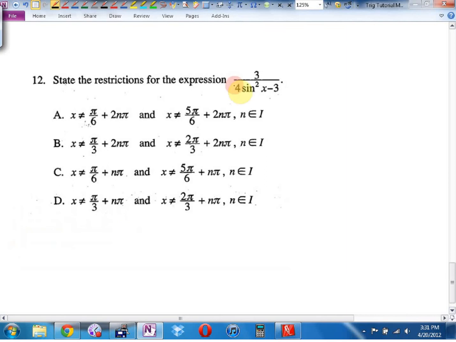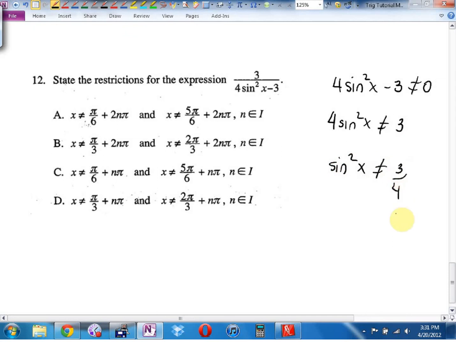I would expect you to say this. Taking the square root of both sides, including that the square root of 4 on the bottom is a 2, the square root of 3 on the top is a root 3, and did I square root both sides, plus or minus?